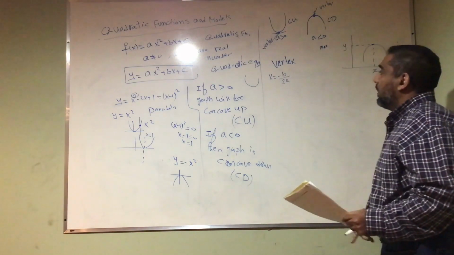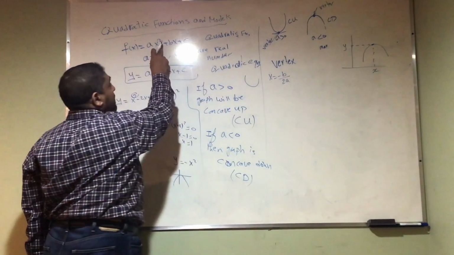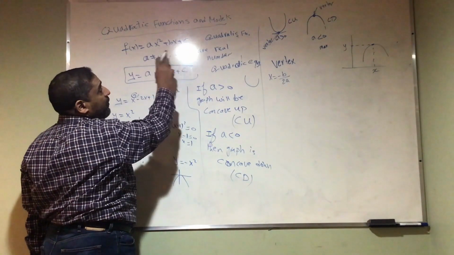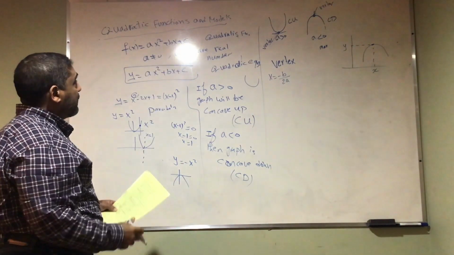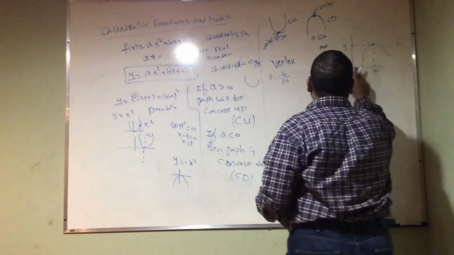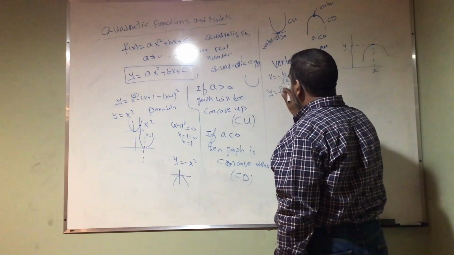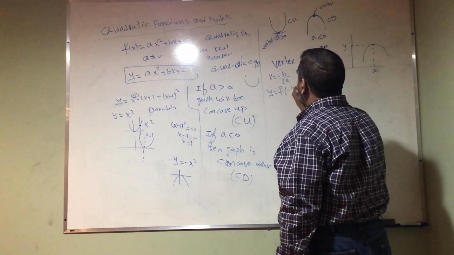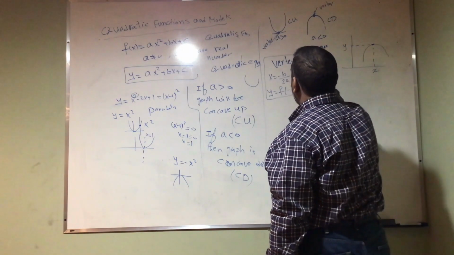What are a and b? Those are the coefficients here. Look at what you have, ax squared plus bx plus c. So it will be negative b over 2a. That gives you the x coordinate here, where you could have a minimum or maximum. How to get y? The y here is the value of f at negative b over 2a. So that is your vertex. That is step number 1 here.